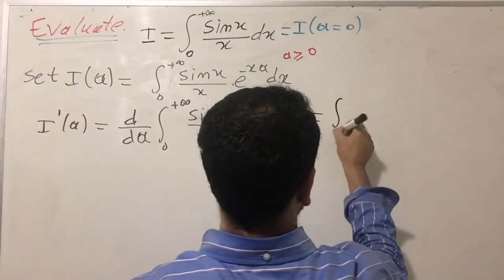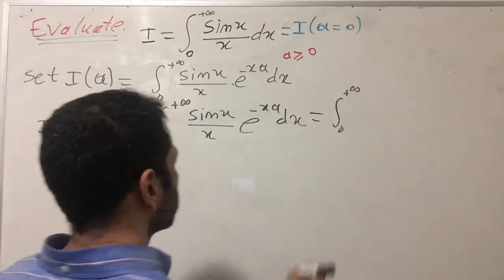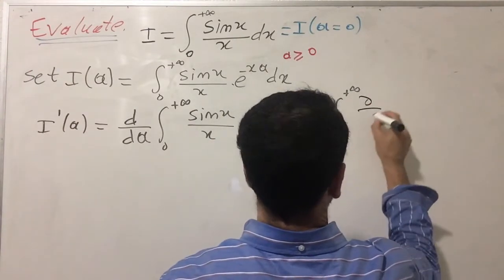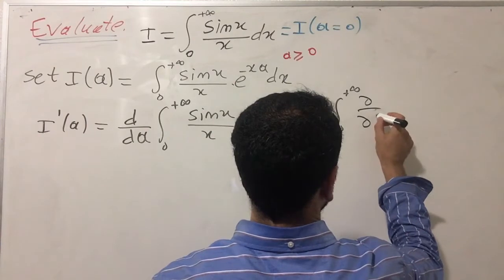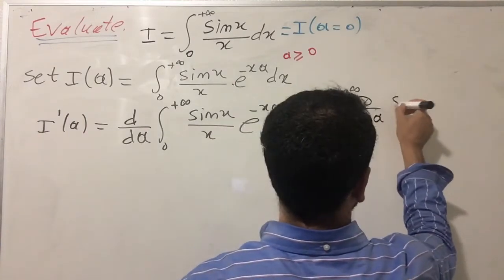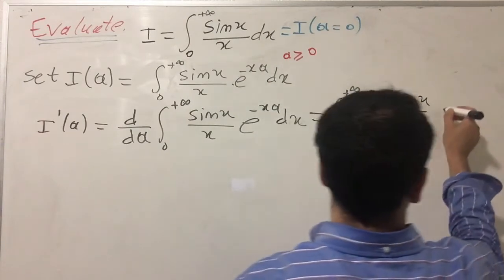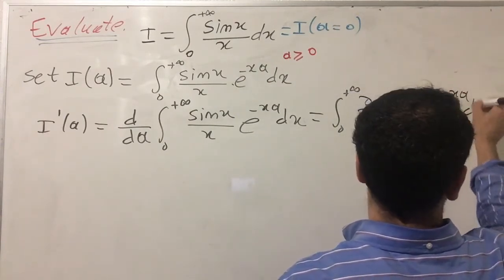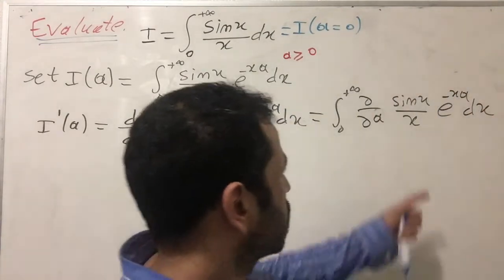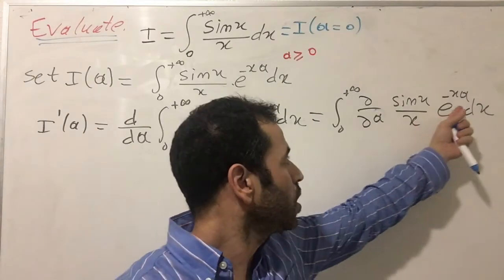It becomes the integral from 0 to plus infinity, and I'm going to use partial differentiation with respect to a of sine x over x e to the minus xa dx. In this case, x is a constant and a is a variable.